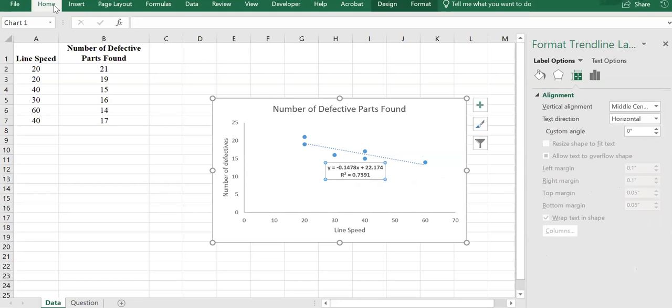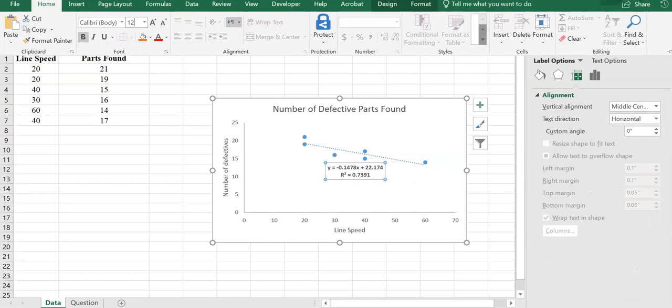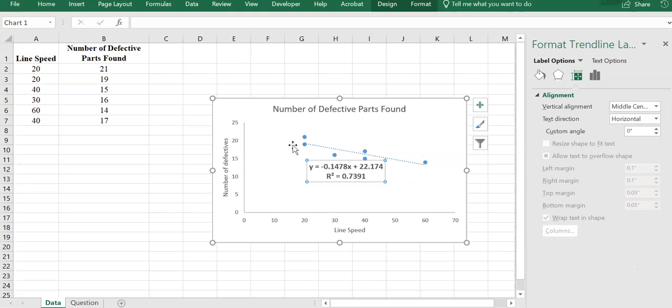So for part A, draw the scatter chart and make a comment about the relationship. From the trend line, we see that the overall relationship is a decreasing or negative relationship. As the line speed increases, the number of defective parts found decreases. All right, so there is a negative relationship.